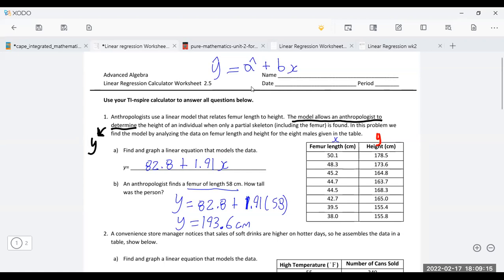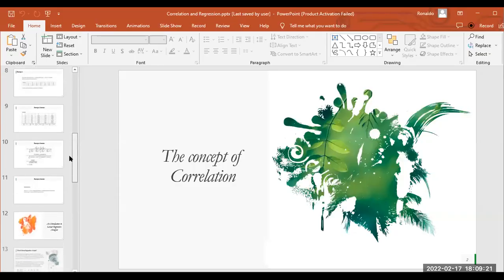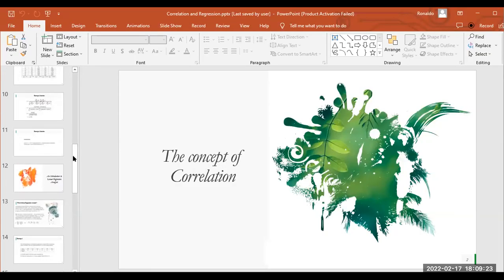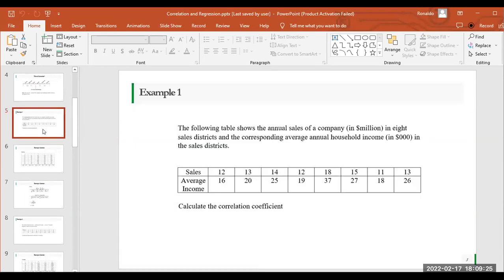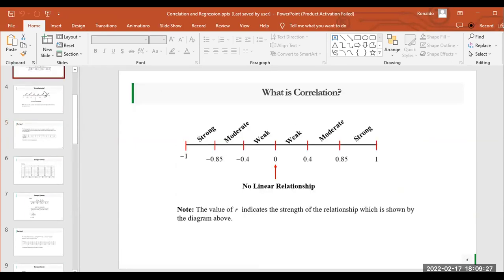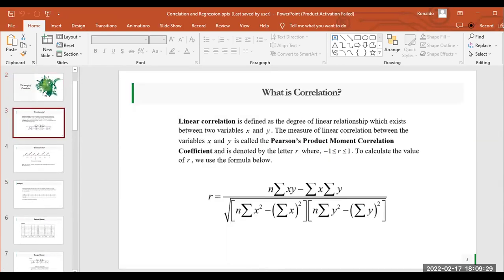So let me go over to the PowerPoint. This is the one that is going to be on the formula sheet. So this is the formula that we're going to be using for R, Jamie.